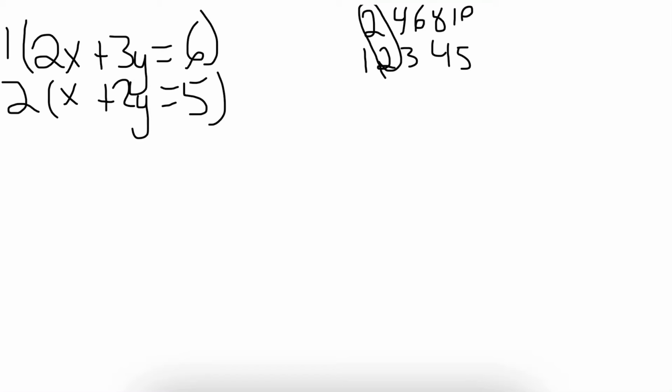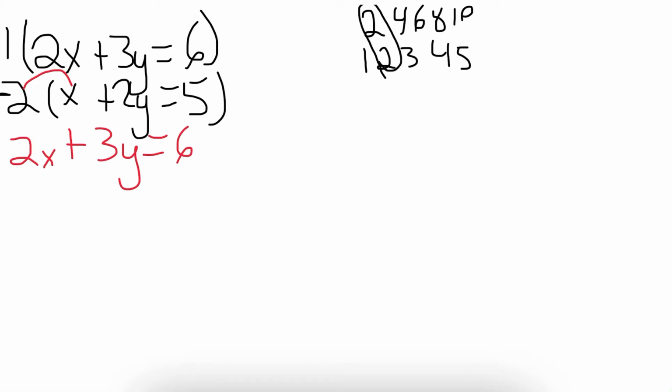So once I distribute these two problems, for the first problem, it's going to remain the same. It'll stay 2x plus 3y equals 6. However, for this second problem, it's going to change. Because they have to be equal and opposite, I need that negative in front of that 2.